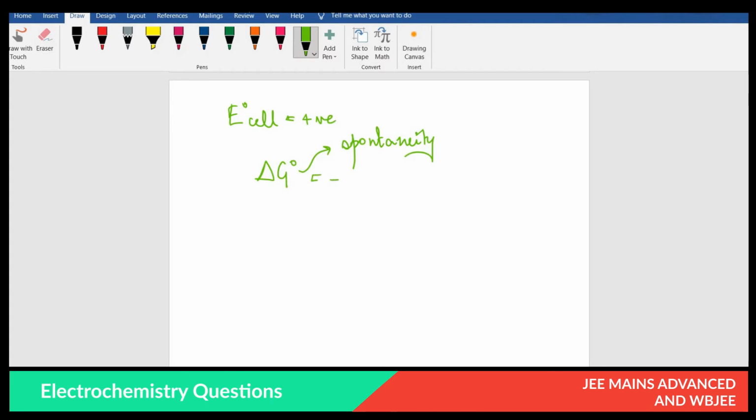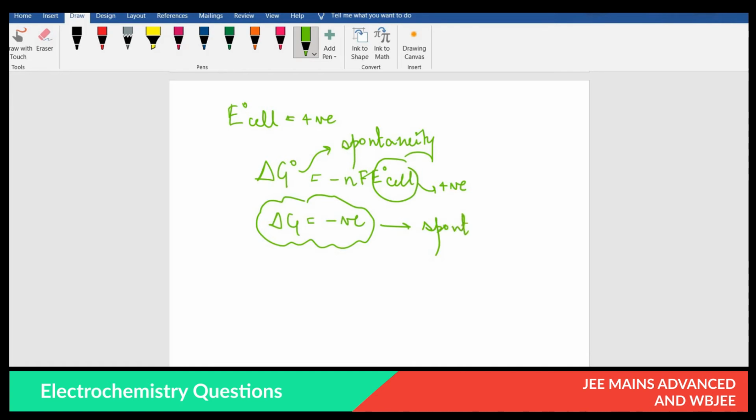So it is written as minus NF E0 cell, right? Now if this E0 cell is positive, then the whole value of delta G should be negative. From the thermodynamics point of view, we know if delta G or Gibbs free energy is negative, then the reaction is spontaneous. So the first thing that we have calculated is that delta G should be less than 0, right?